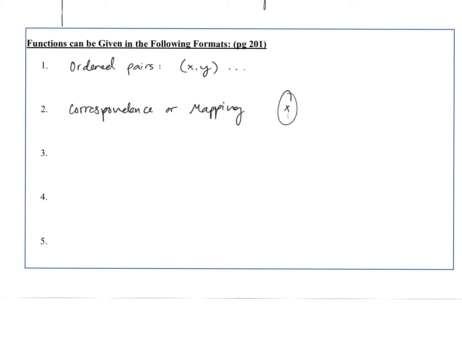We have the x values written here, and the y values written here, and we compare them. The next way we can look at them is a table. So we have an x and y table. Another way to look at it would be a graph. This is one we're often using. For example, if we plotted down our points.